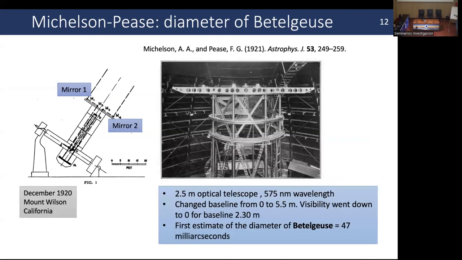So this was actually put to work already in 1920 by Michelson and Pease at Mount Wilson in California, where they used the existing 2.5 meter optical telescope, but they put an arrangement here with several mirrors, and they made the mirrors interfere with a baseline from 0 to 5.5 meters.